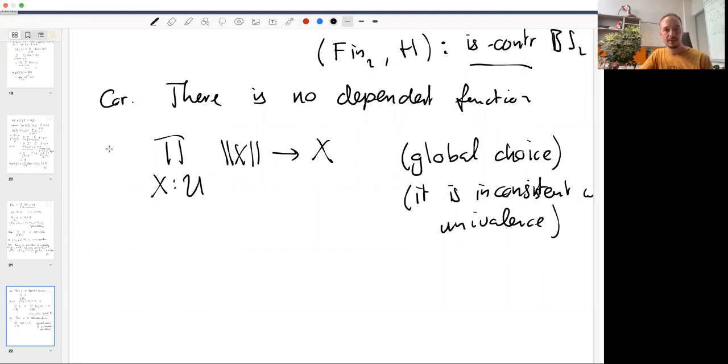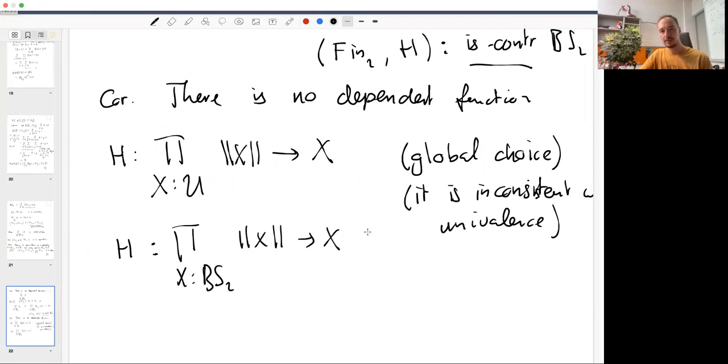Suppose we have such a function h, then we can restrict h to, for every x in BS2, merely x to x. So now we restricted h to the two element types, but surely the two element types are all inhabited. We might not be able to construct elements of them, but we are surely able to prove that they are inhabited in this sense.